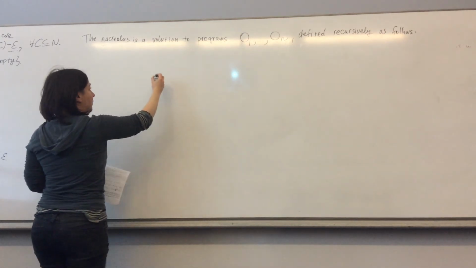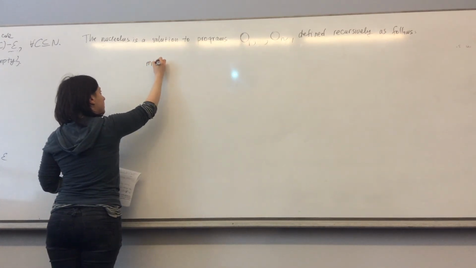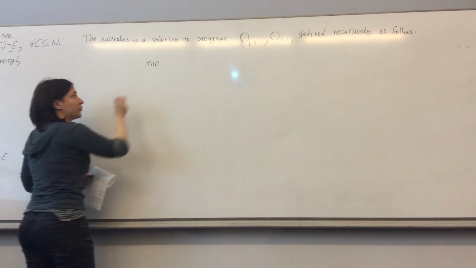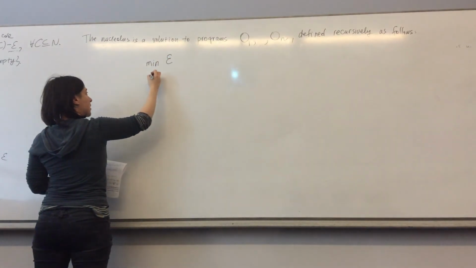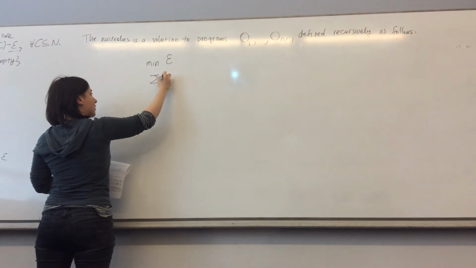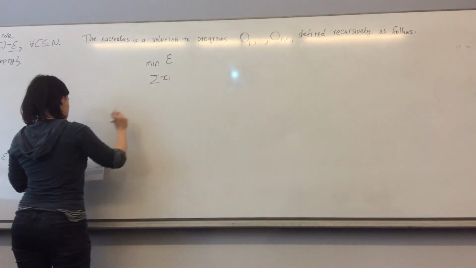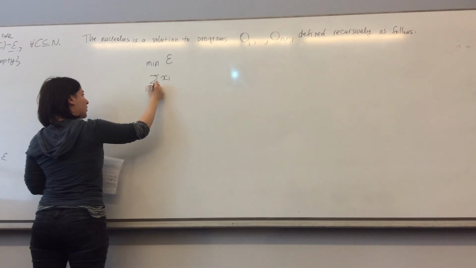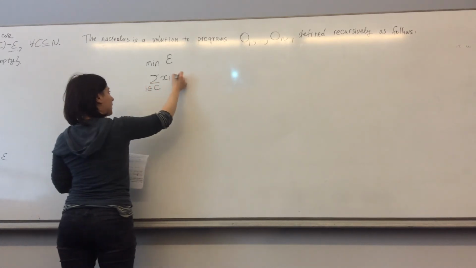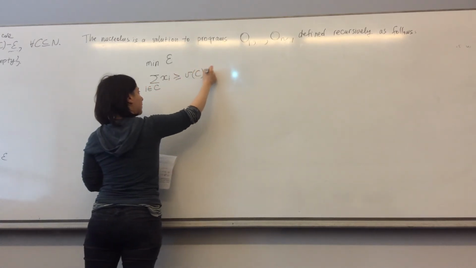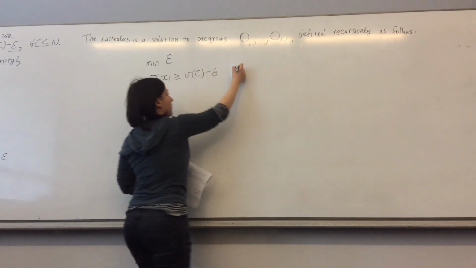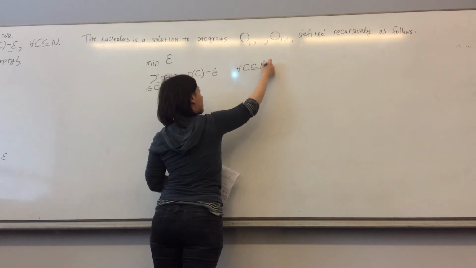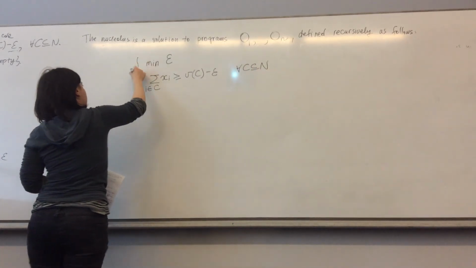Well, let's define the first one. So we want to minimize the largest possible excess, we call it epsilon, so that the sum of payoffs for each coalition is greater or equal than the value minus the excess. And that's now for each coalition. So that would be the first.